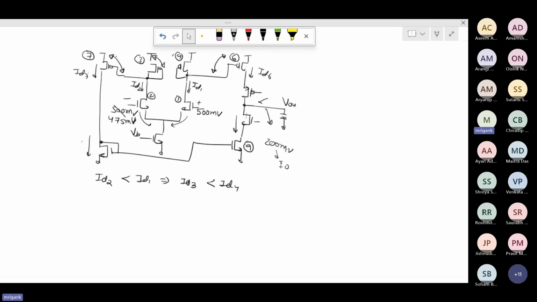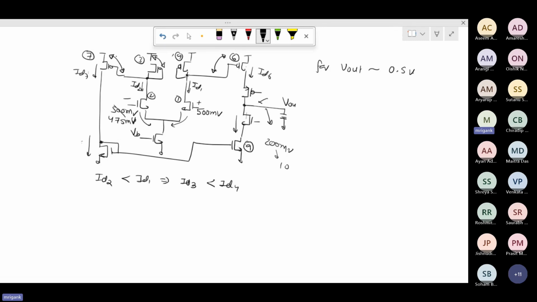But for the output point Vout to be equal to 0.5 volt, what do we need? If you look at the output branch, when will you get output close to VDD by 2? When the pull up and pull down paths are similar in strength.